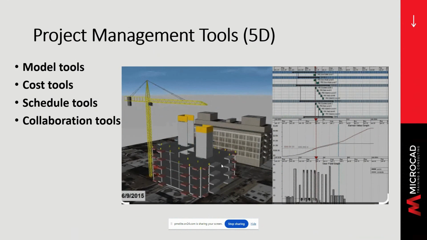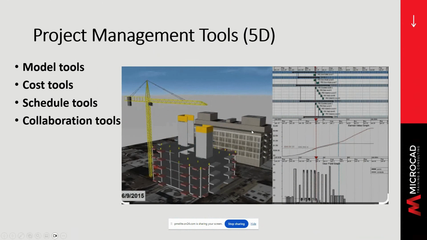And there are tools to create and manage a schedule of tasks. Both the cost and schedule tools highlight the impact of changes during the construction process. And very importantly, there are collaboration tools to keep all the partners in the project informed of status, to be involved in change management, and to be responsible for delivering their part of the project.